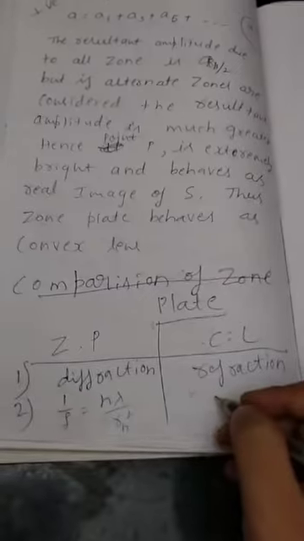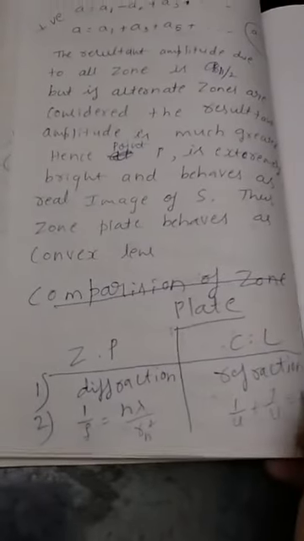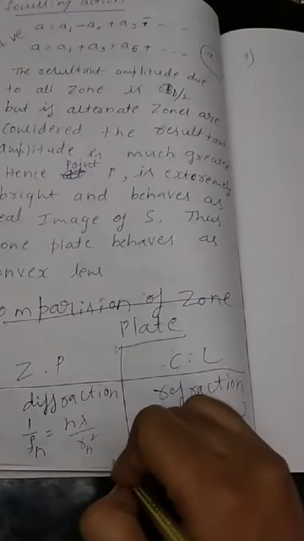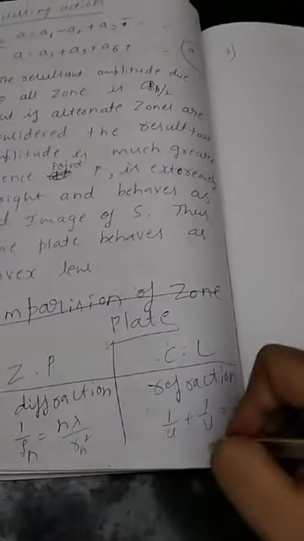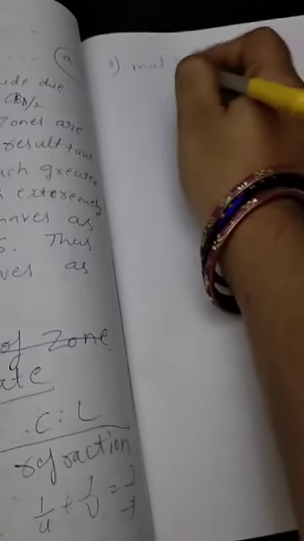Here, what is the expression for focal length? 1 by u plus 1 by v is equal to 1 over f. Correct? This is the second difference. What is the third difference I can make? Actually, this is Fn. The zone plate has multiple foci, while the convex lens has a single focal point. Foci is the plural form of focal point or focus.